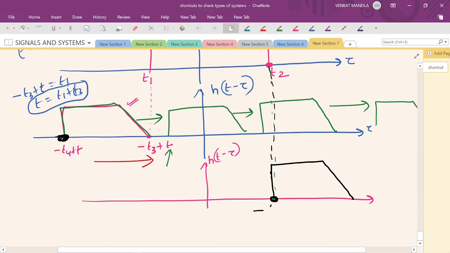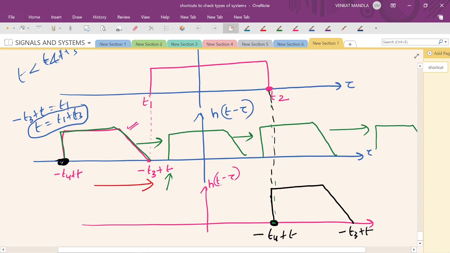That is, this is minus t4 plus t, this is minus t3 plus t. If you shift further right side, you won't get any overlap area. Only here to here the signal x of t is there.